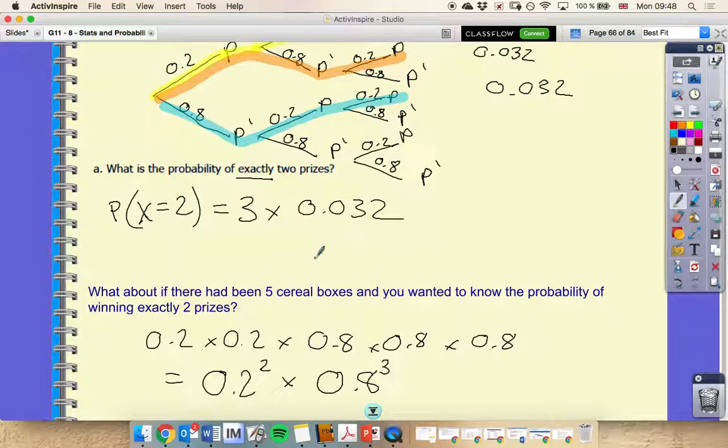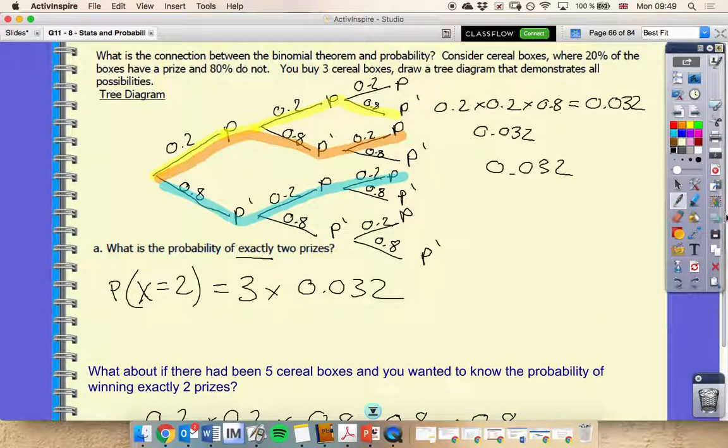What's our next thing that we've got to solve? Because this isn't the answer to the problem. This is a really small probability. What's our next issue? To know how many times there are. How many routes? Yeah, how many paths are there? There were 3 here. Are there just going to be 5 this time? We don't know. What we're actually doing is seeing how many ways we can choose 2 objects from a group of 5.